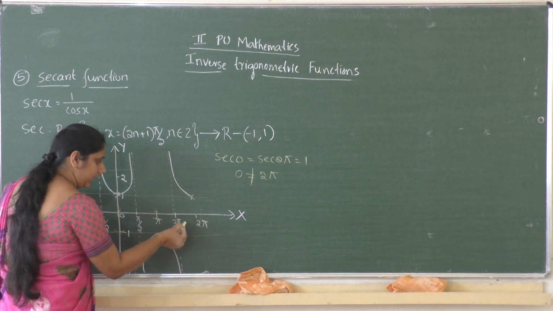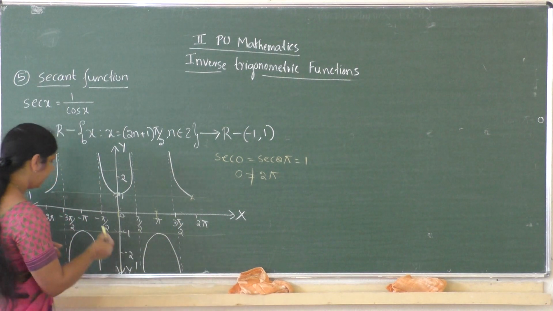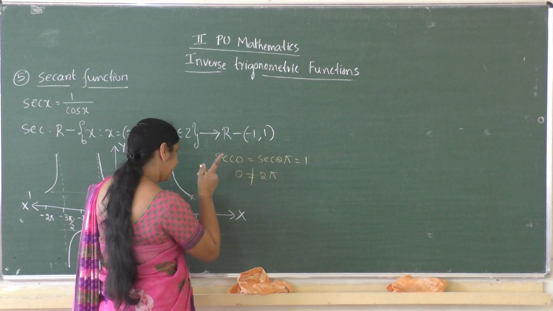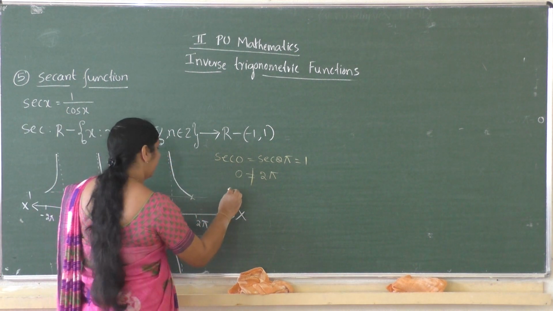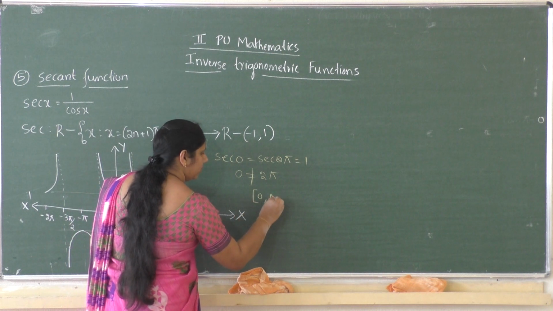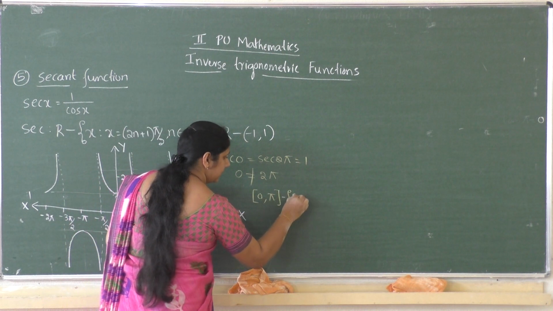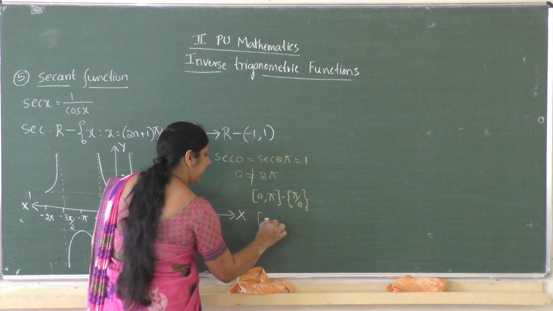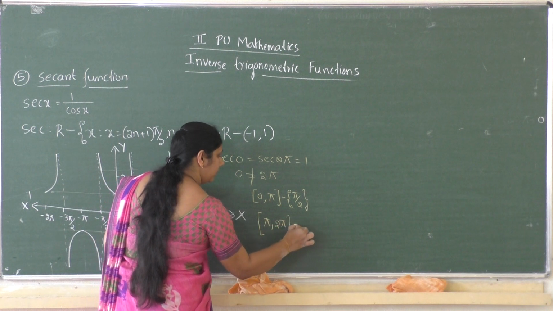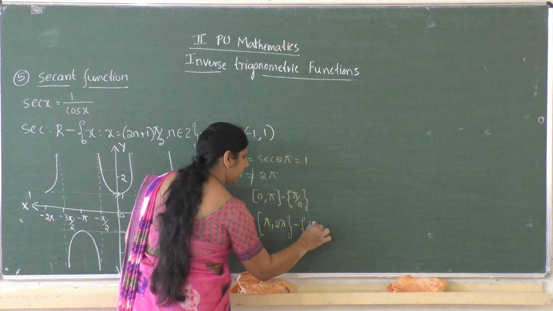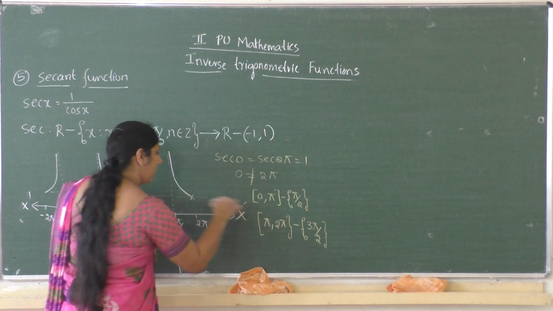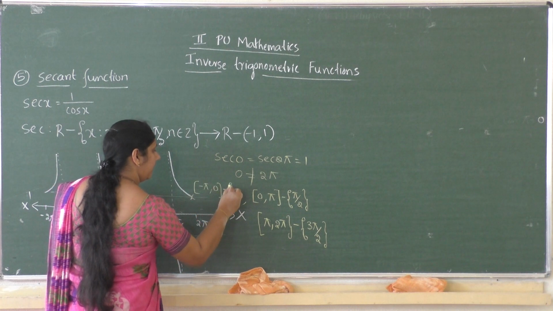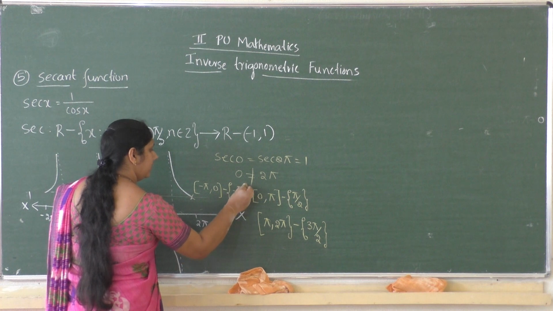Again pi to 2 pi excluding the value 3 pi by 2. Here minus pi to 0 excluding minus pi by 2. So we have to divide the domain of sec into intervals like 0 to pi minus the set containing pi by 2, or pi to 2 pi minus the odd multiple lying in between, which is 3 pi by 2, or minus pi to 0 minus pi by 2.